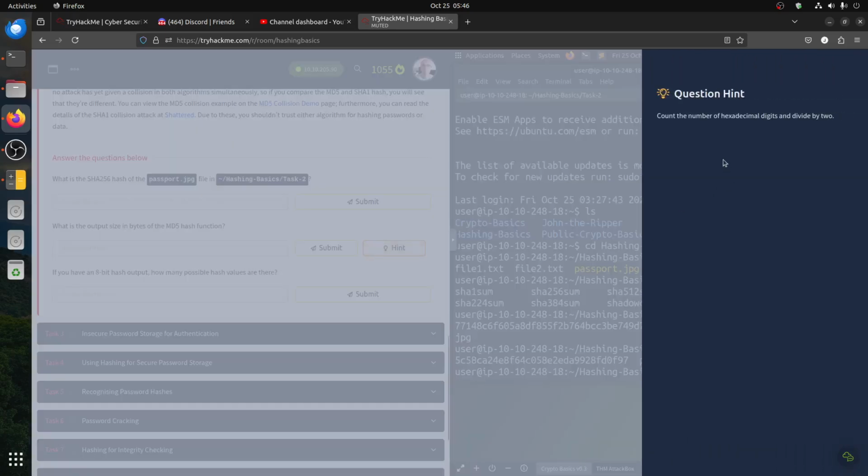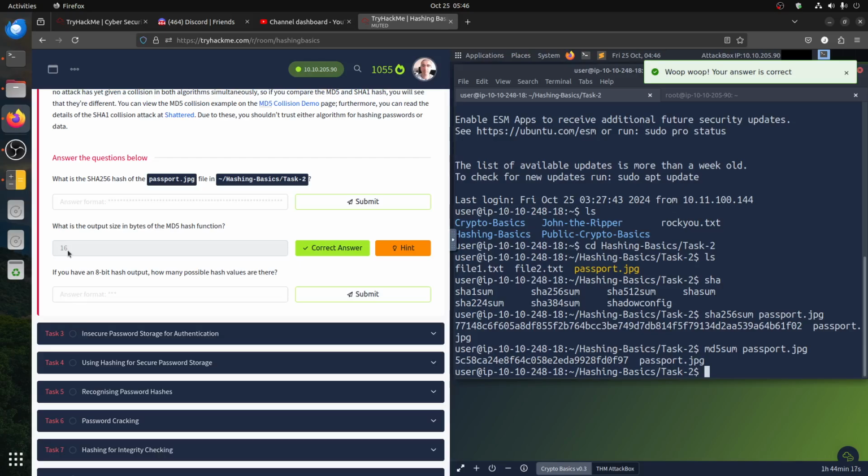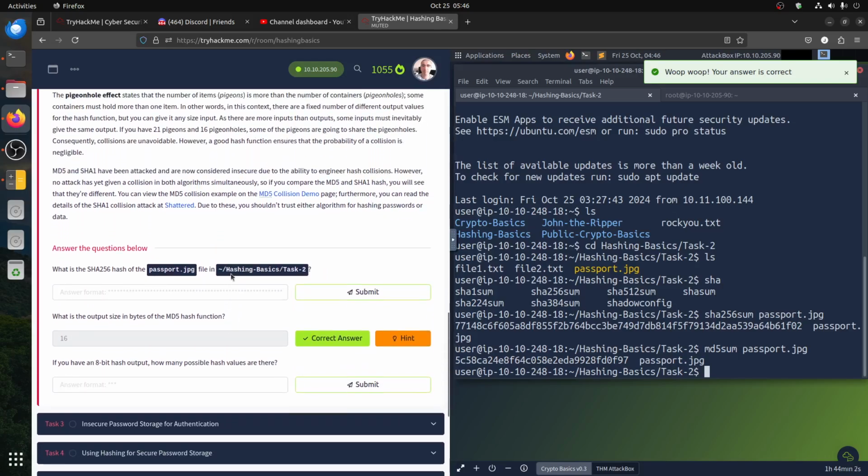That's why I said hex, divide by 2, divide by 8. 16 multiplied by 8 is 128, so you can count them there. This is 32 by 4. I don't have to explain, guys. It's just bytes and bits, something like that.